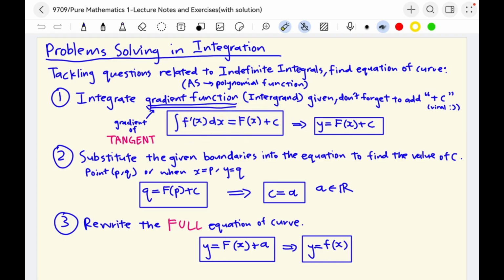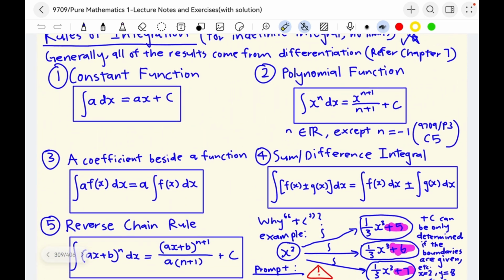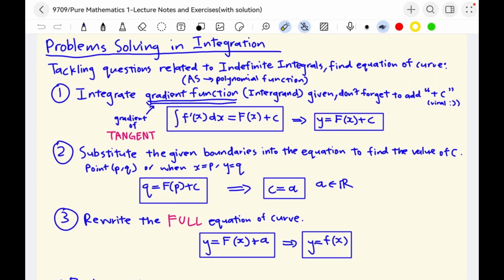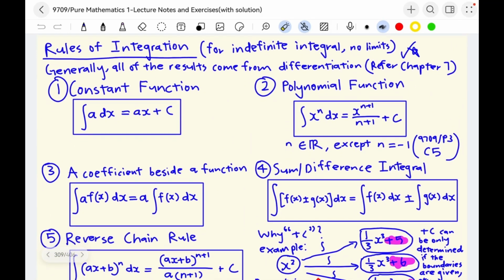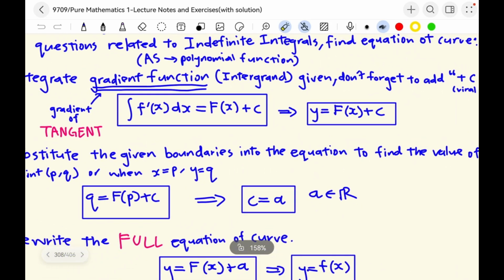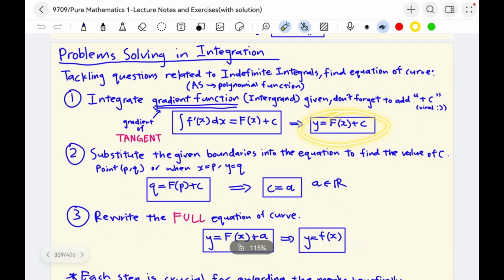How do you integrate polynomial functions? Please refer to the rules of integration above. Anyway, plus c cannot be ignored.